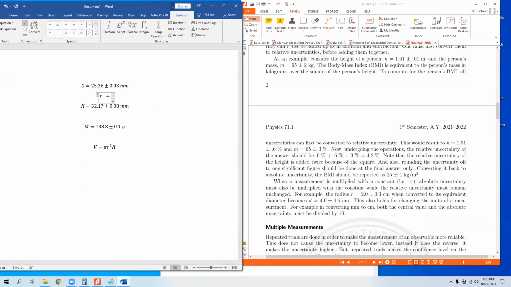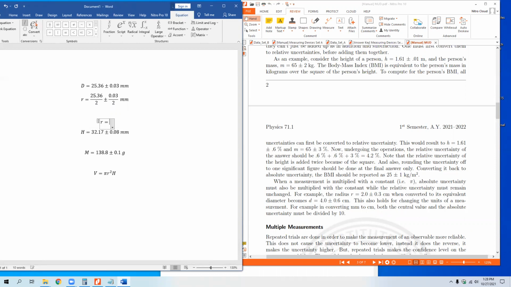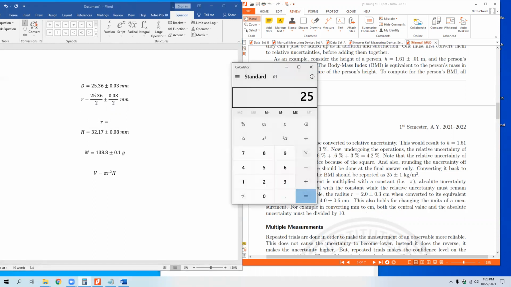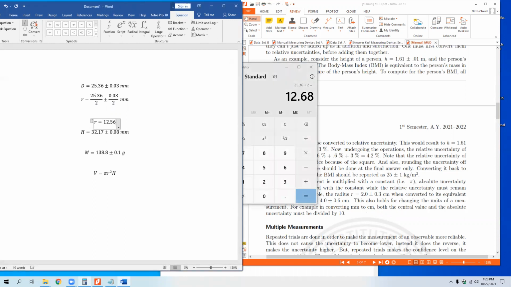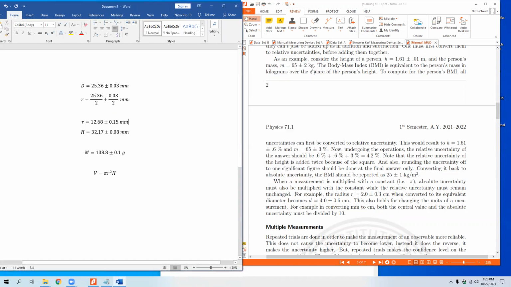So to get the radius, that's simply 25.36 divided by 2 and 0.03 over 2. That's it. So we will get R is equal to 25.36 over 2, 12.68 plus minus 0.015 millimeters. So these are now our given.